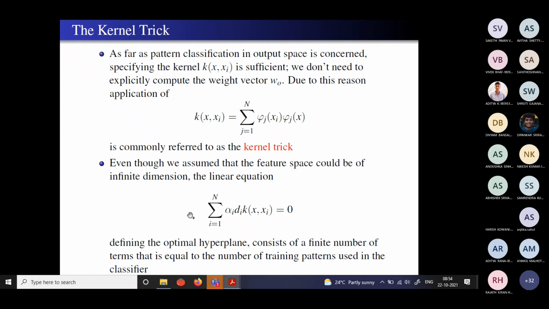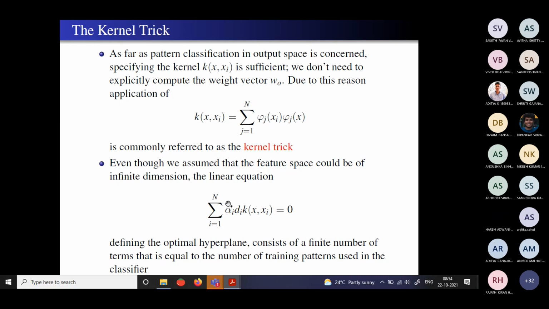So even though we assume that the feature space could be of infinite dimension, the linear equation, what we are saying, anyway equals 0, defining the optimal hyperplane. Remember that earlier we used to say W transpose phi of x equal to 0.